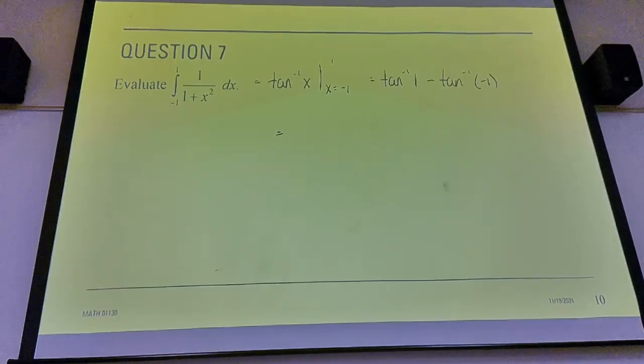Pi over 4? Inverse tangent of minus 1. 3 pi over 4? Negative pi over 4.